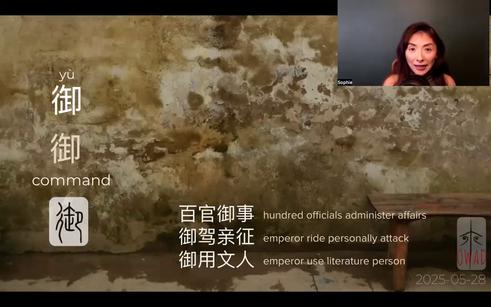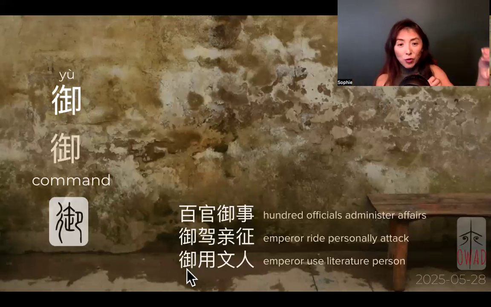But 御驾亲征 means the emperor himself is going to lead the army, serving as the general. I mean, the emperor may or may not know how to run a country, and may or may not know how to run an army, right? So if 御驾亲征, that almost says, oh, the emperor better know how to fight a war and personally take on the attack.